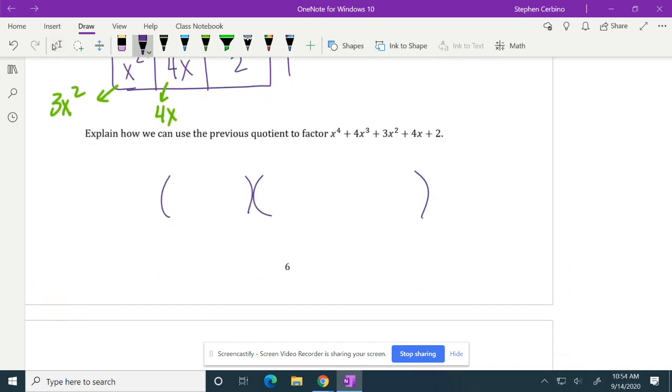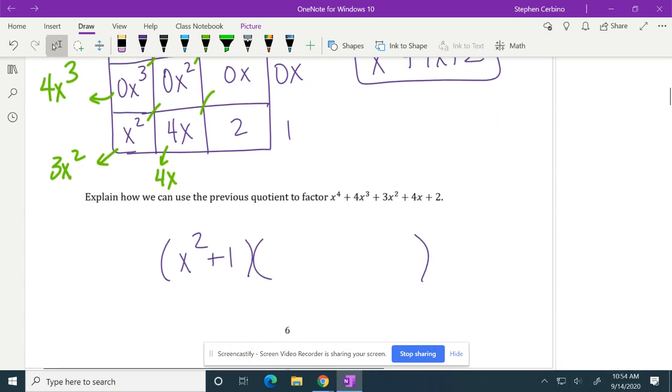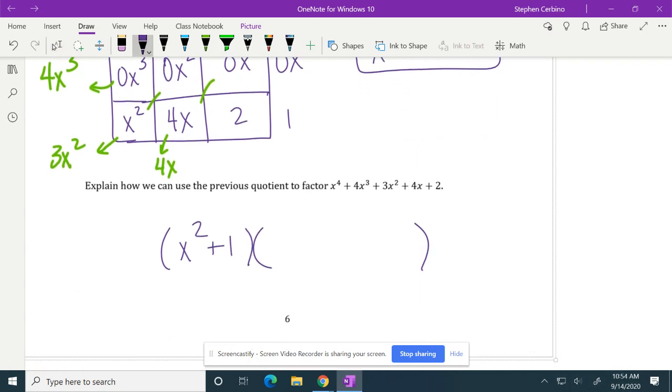That's going to be one of the factors. I could take the next thing that we found was a multiplier, x squared plus 4x plus 2, that's the other piece.